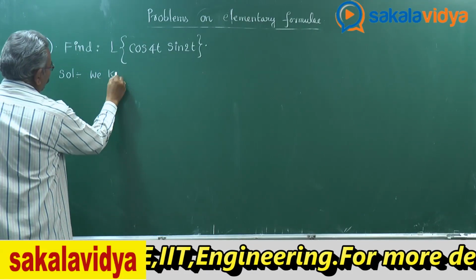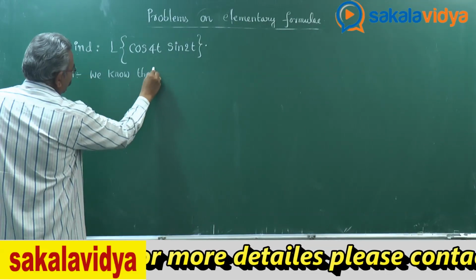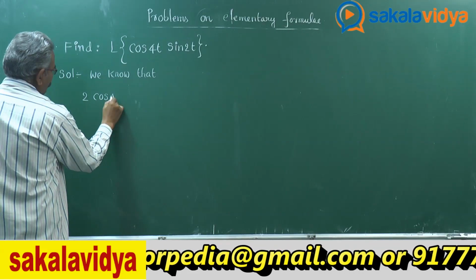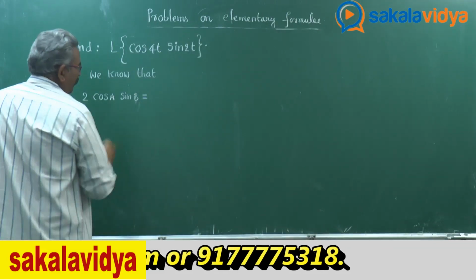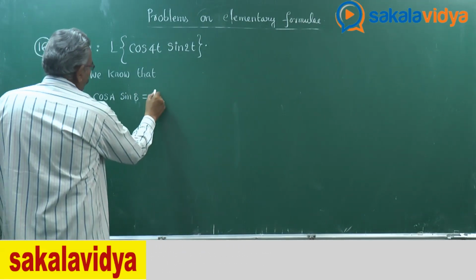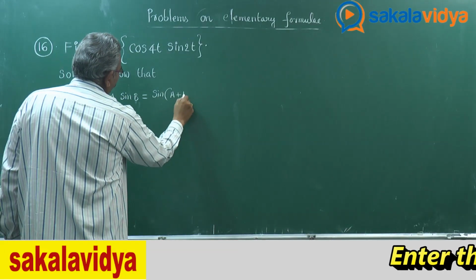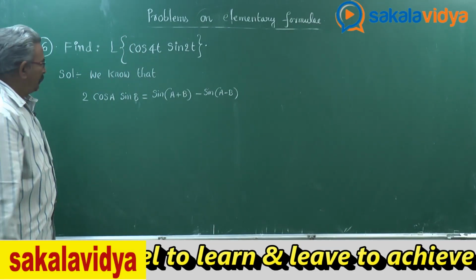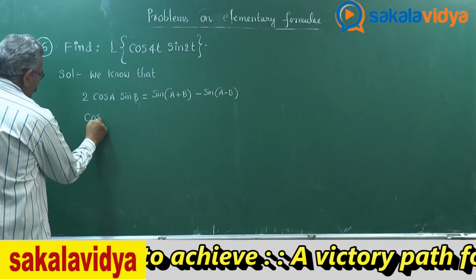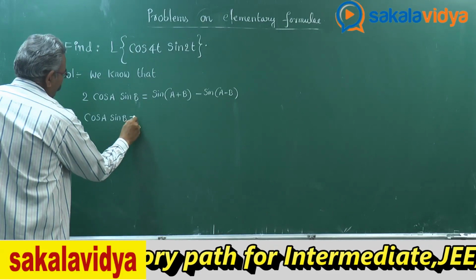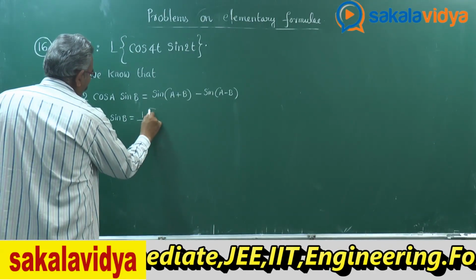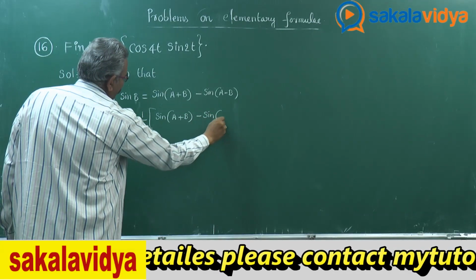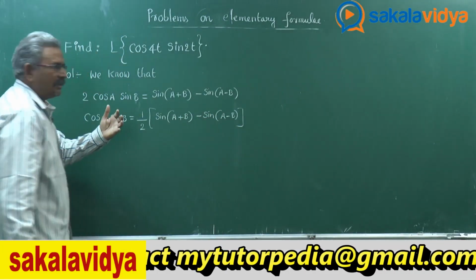We know that 2 cos A sin B, whose value equals sin of A plus B minus sin of A minus B. So now cos A sin B equals 1 by 2 times sin of A plus B minus sin of A minus B. Don't get any confusion here.